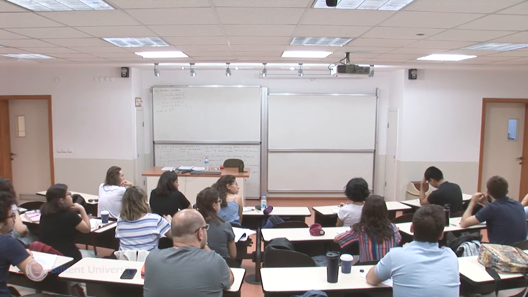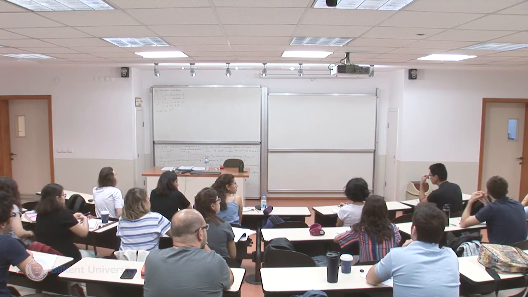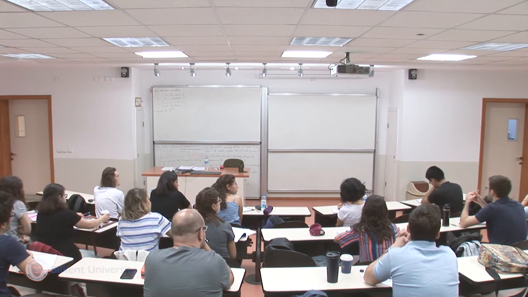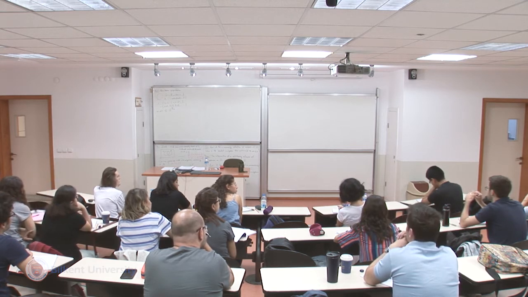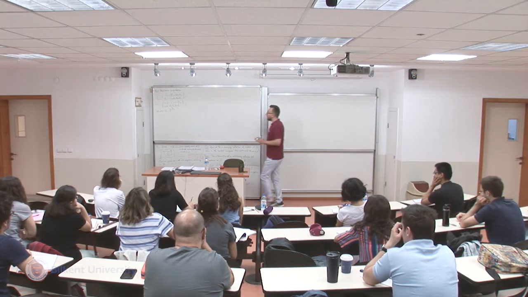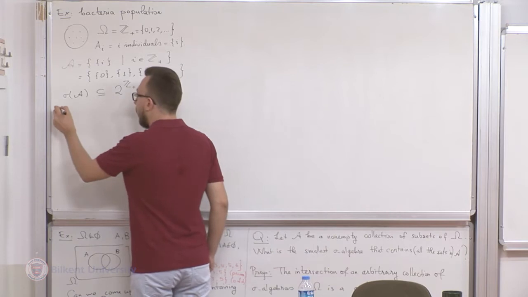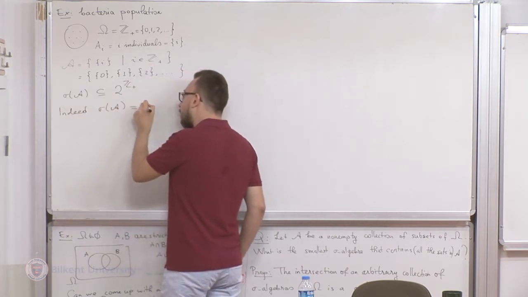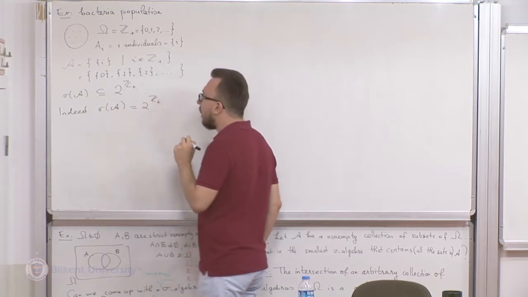I can create every possible subset of Z plus just by taking countable unions and intersections of sets in A, right? That's what you're saying. So, but let's prove it. That's good intuition. Indeed, sigma A is equal to 2 to the power Z plus.